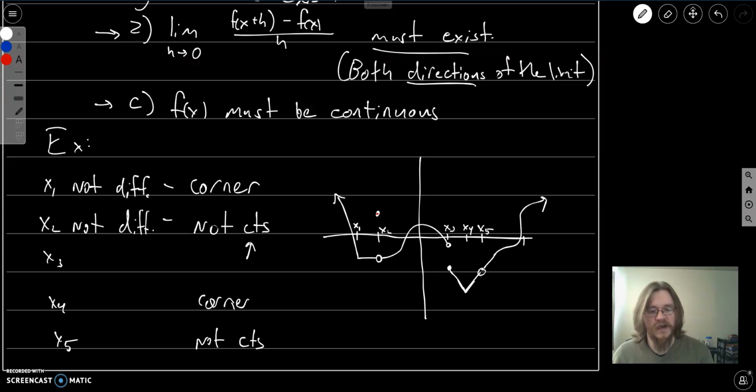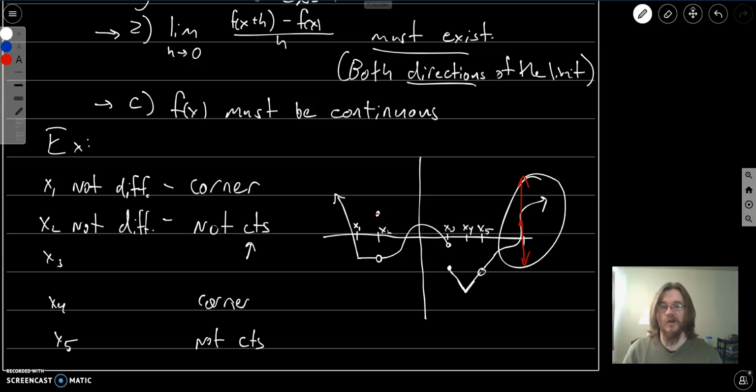But there is one final situation over here. What we'll notice is that this line starts going straight up. And I could draw a tangent line right here, and this tangent line is going to be going straight up. So the question is, what is the slope of a vertical line? The answer is, it has no slope.